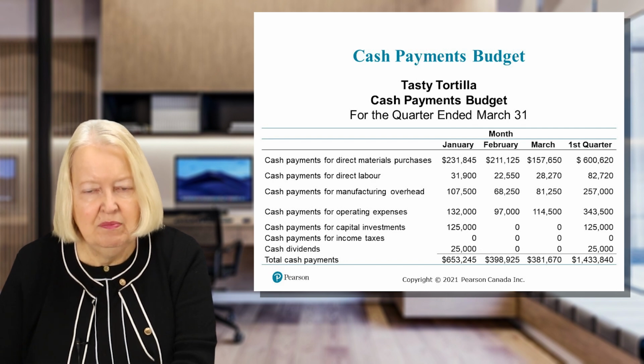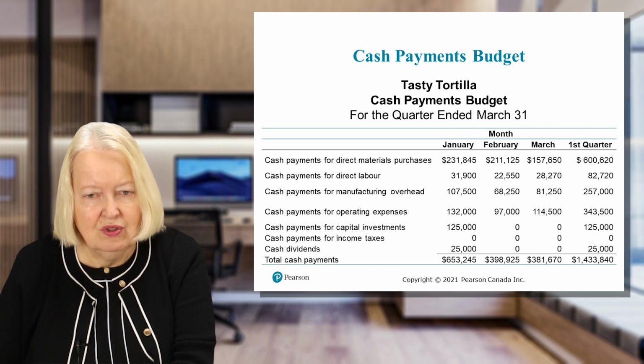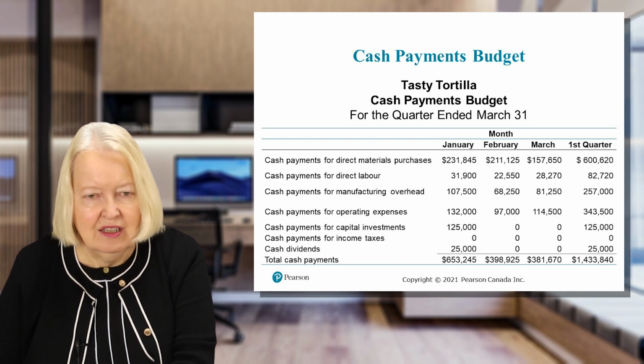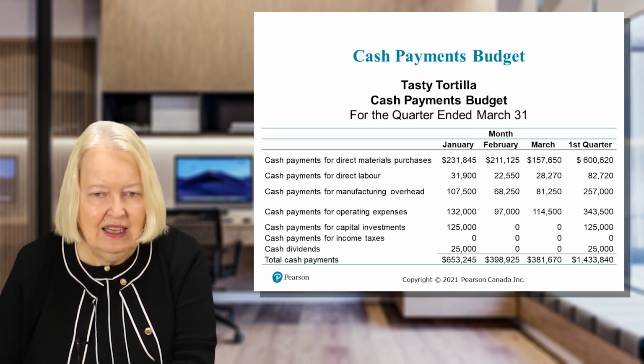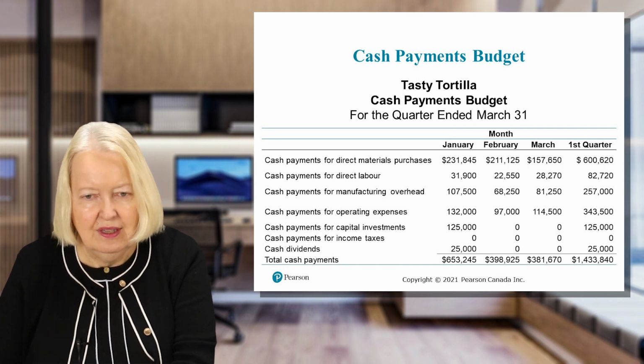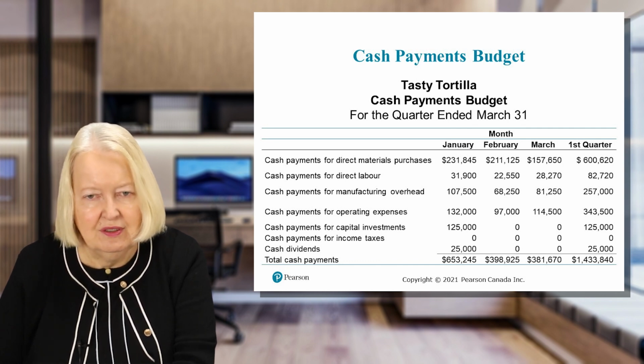And you might be declaring dividends and paying out dividends to your shareholders. So in this case, that's 25,000. So these are two additional types of cash expenditures that you would have to account for. So now our total cash payments from all sources is 653,000.